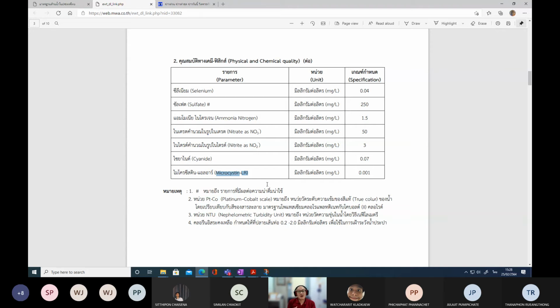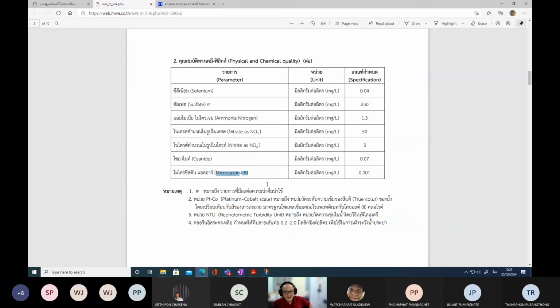So we should be careful if we use water from ponds which experienced eutrophication problems, because some of the toxic substance may get into the raw water, and then once we consume it, we also consume this toxic substance.